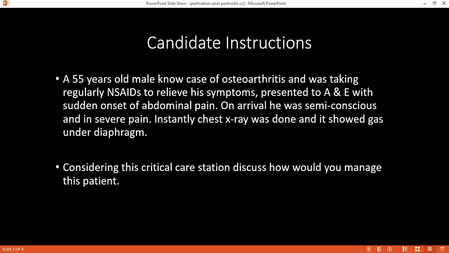What are the possible differential diagnoses that you'll consider for the large bowel? Okay, a perforated bowel cancer, also a perforated diverticulitis.